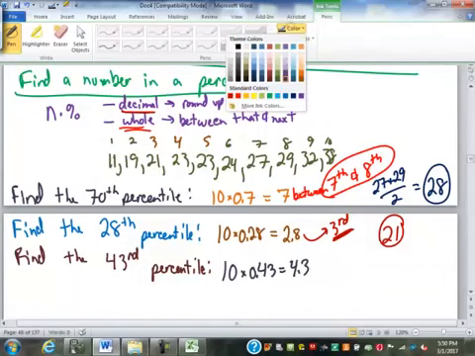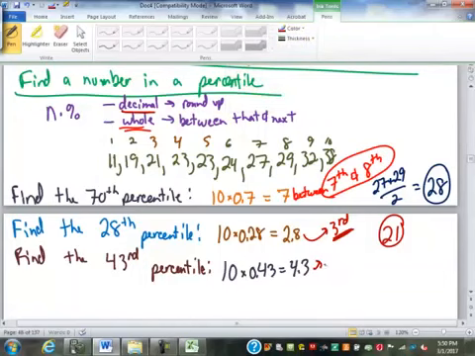What do we do with that? Round up, yes, to the fifth. Even though it's only 4.3, we always round up. Because if we were to round down to the fourth number, 43% are not smaller than that one. So we have to round up. The fifth number in the list is 23. Now, this is ironic because if we rounded down to the fourth one, it'd still be 23. But we do have to round up. Most of the time, if you round down, it will not work.